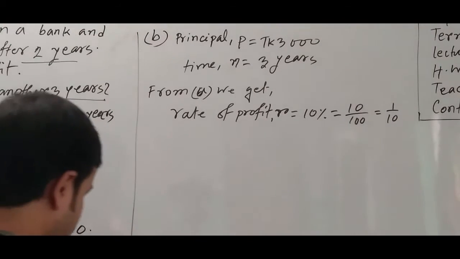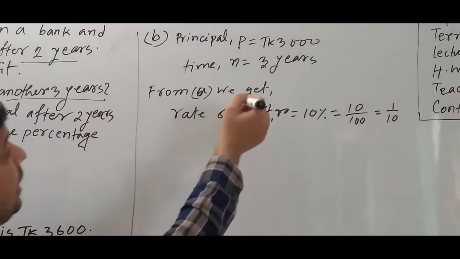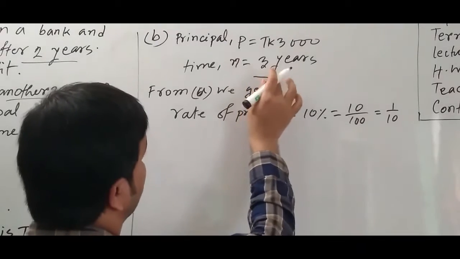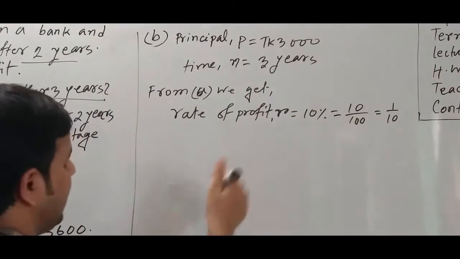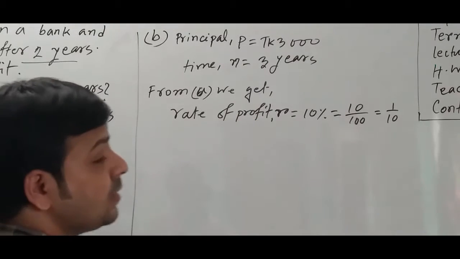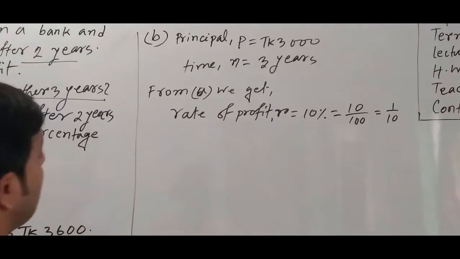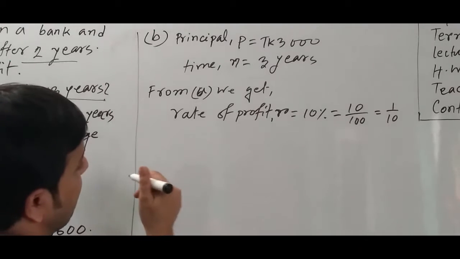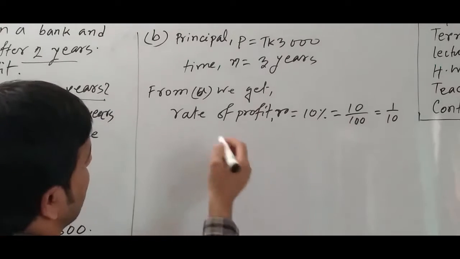The students, now if we can find the profit of 3 years and then if we add this profit of 3 years with the profit principal after 2 years, we will get our required profit principal.